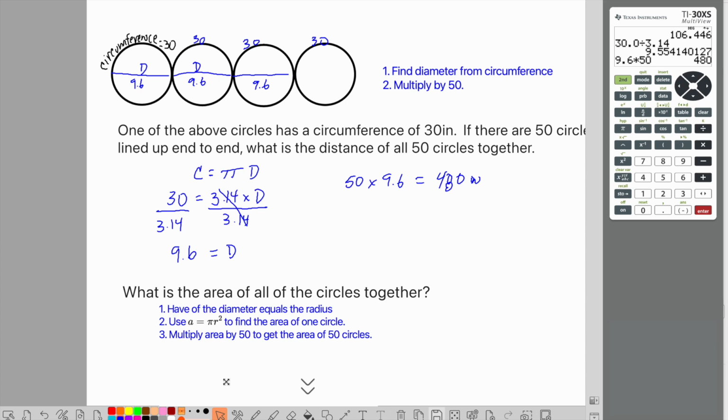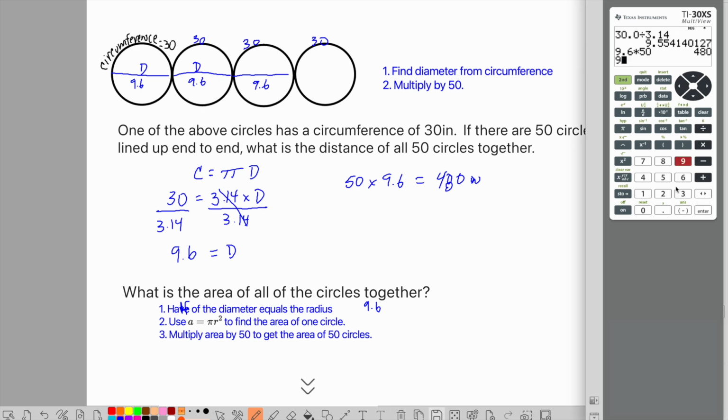We're going to take half of the diameter, which equals the radius. So we're going to take our diameter of 9.6, and we're going to take half of that. Let's put that in the calculator. 9.6 divided by 2 is 4.8. So now we know the radius is 4.8.